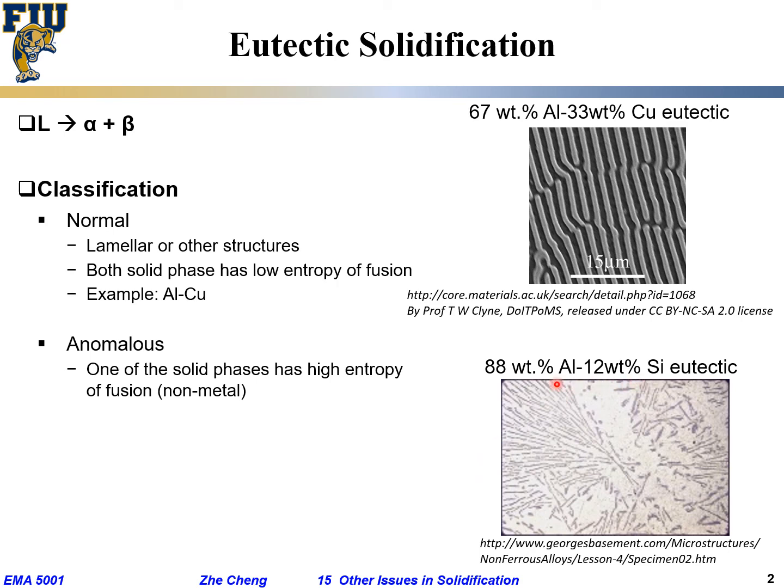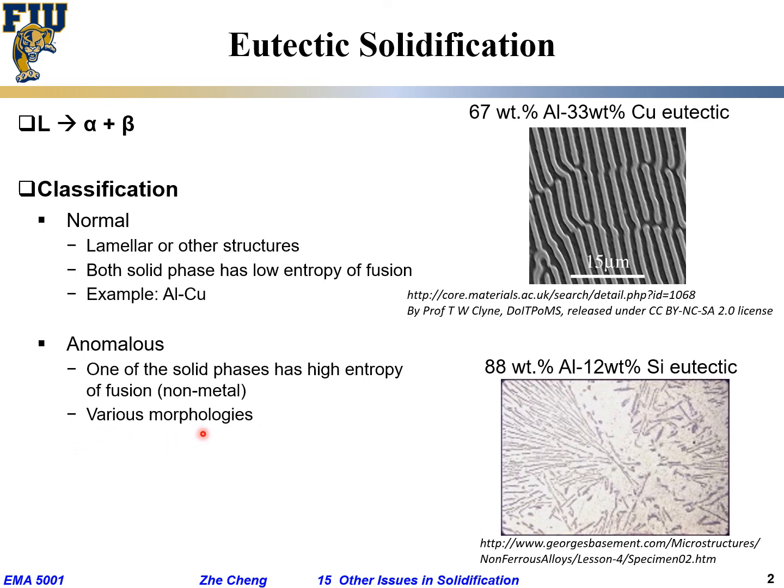In this case, aluminum is the metal phase. It has a low entropy of fusion, while silicon is the non-metallic phase that has the high entropy of fusion, which means for silicon, there's a large entropy change during the crystallization process from liquid.